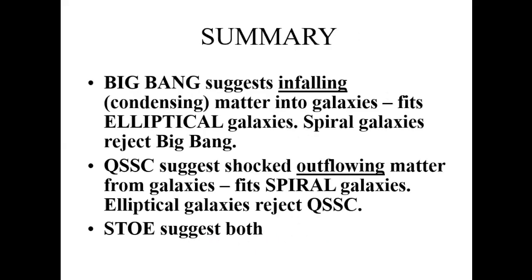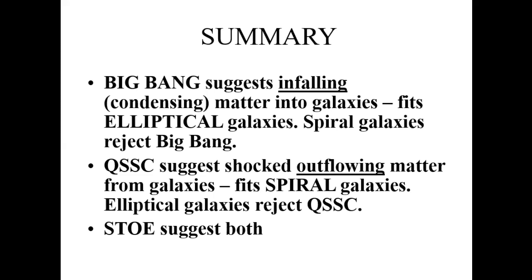In summary, the Big Bang suggests infalling, condensing matter into galaxies. Now, this fits elliptical galaxies, but spiral galaxies reject the Big Bang because they show things flowing out. The QSSC suggests outflowing matter from galaxies.